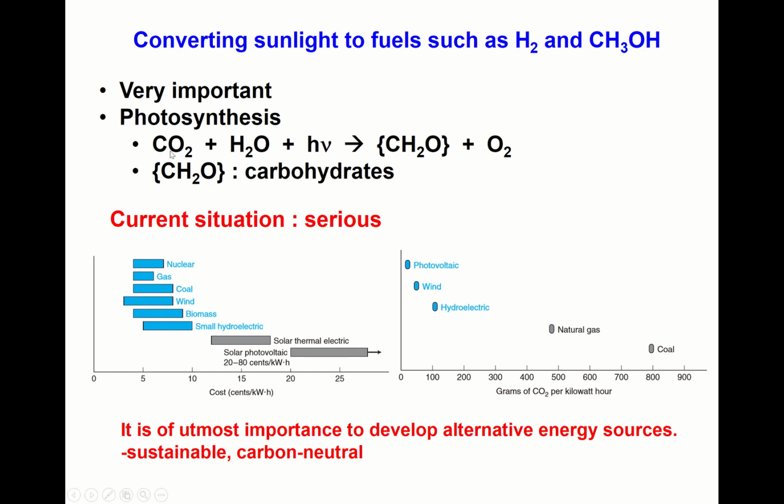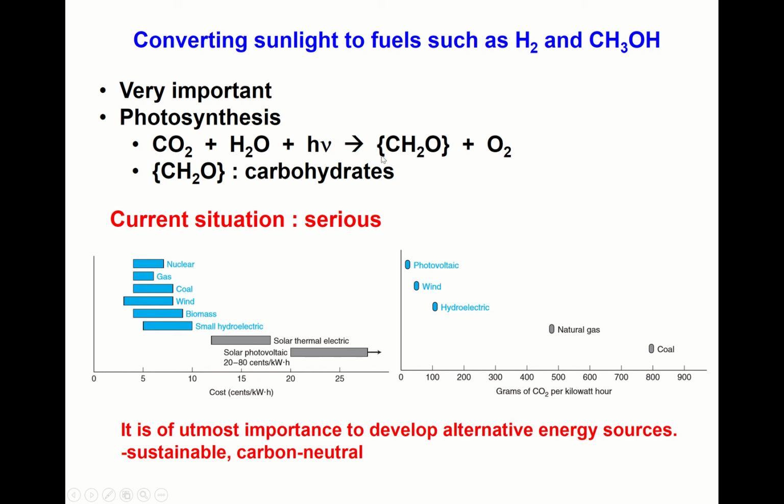This overall reaction is really simple. Okay, in photosynthesis, carbon dioxide in air is fixed by the green plants, algae, or cyanobacteria. Okay, using this light energy, the CO2 and water are used as raw materials to synthesize carbohydrate.